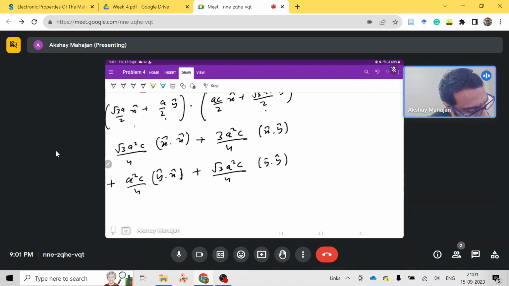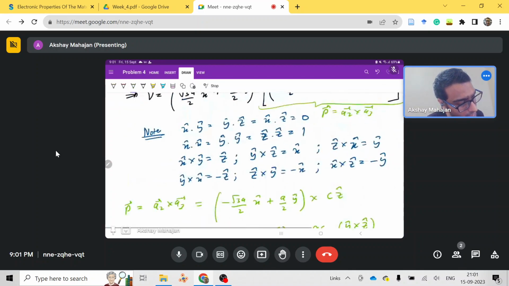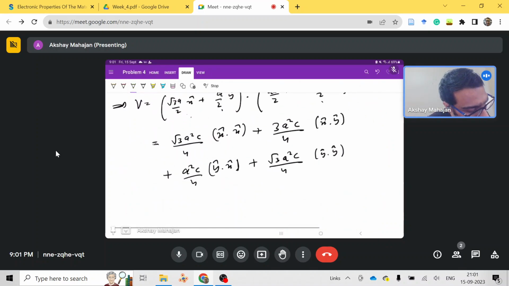Now from the orthonormality condition, which we have written above as well, x cap dot x cap and y cap dot y cap are 1, the cross terms are 0. So this will give us 1, this will give us 0, this will give us 0, and this will give us 1.